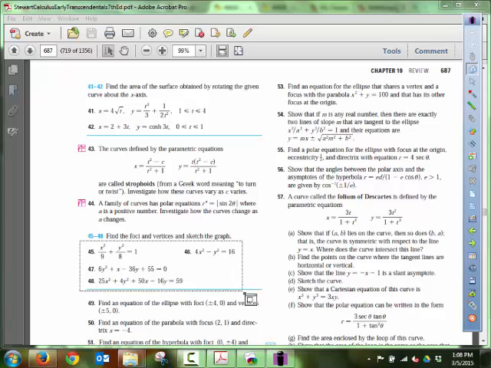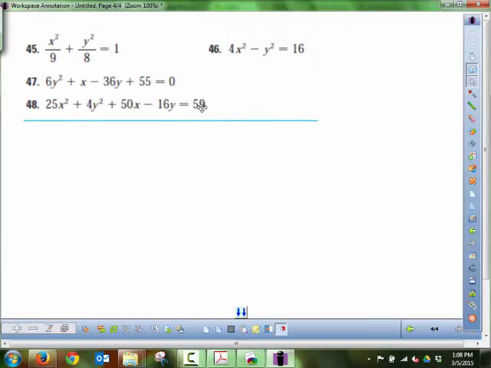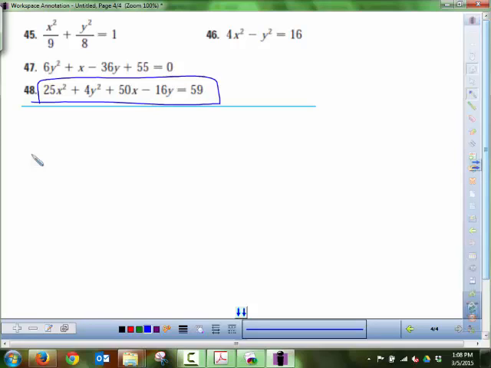Which one are we going to do? Let's do number 48. And they want us to identify the foci, directrix, and all that stuff. Might as well graph it too, right?